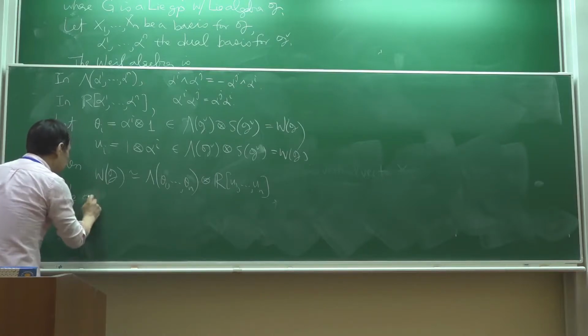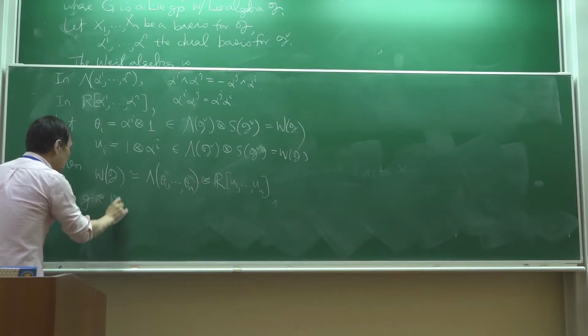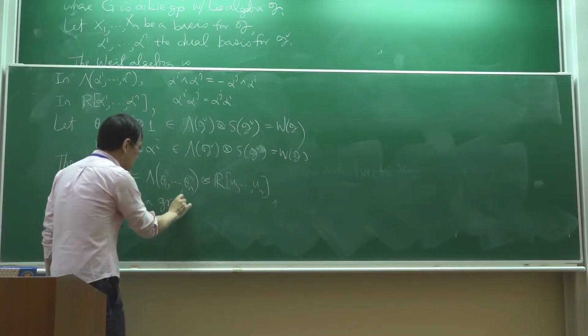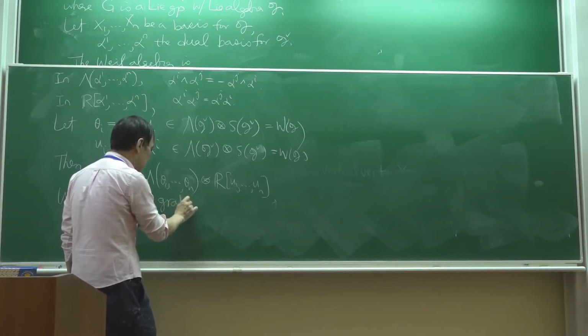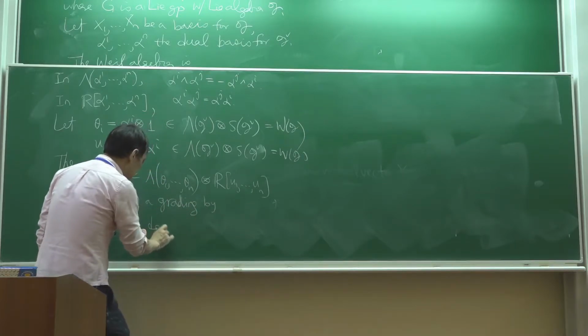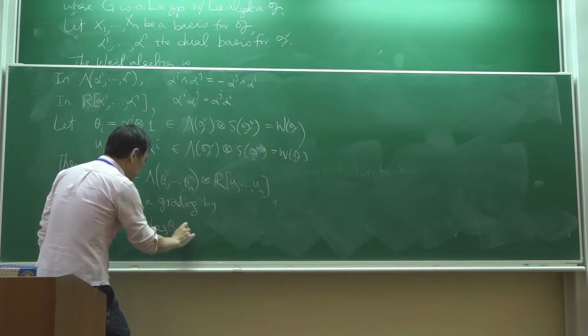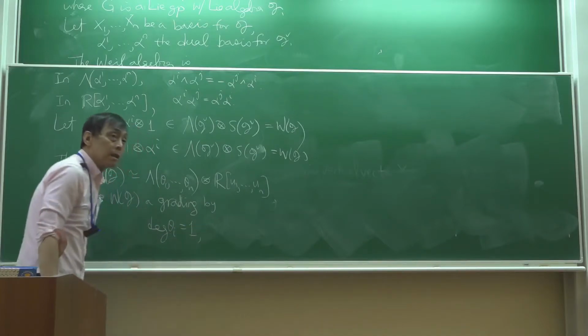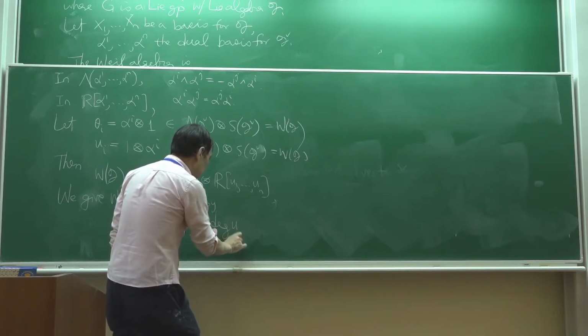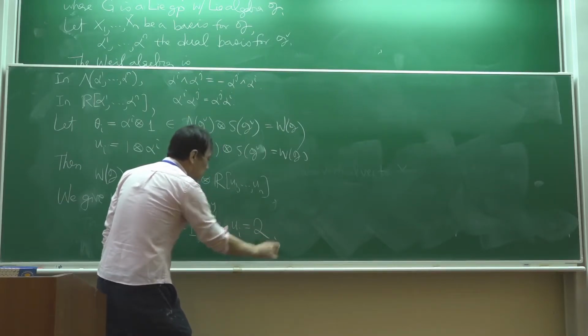So we give the algebra a grading by, say, the degree of theta i is 1, and the degree of u i is 2.